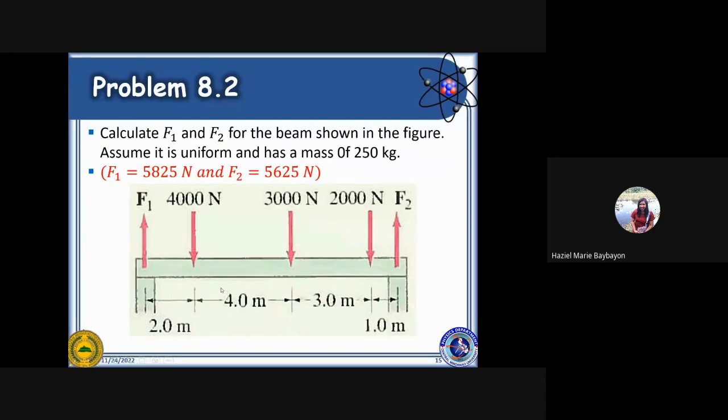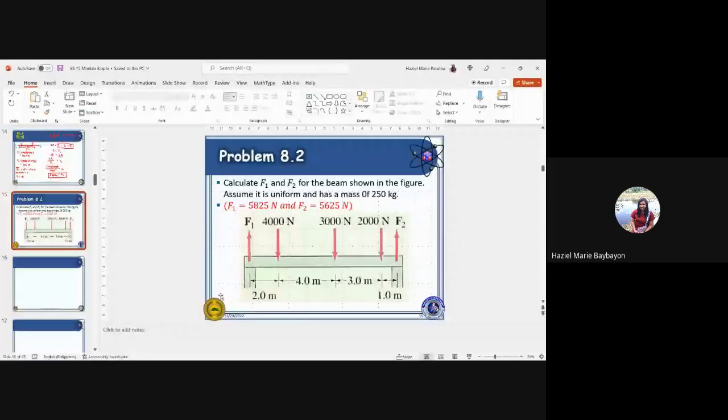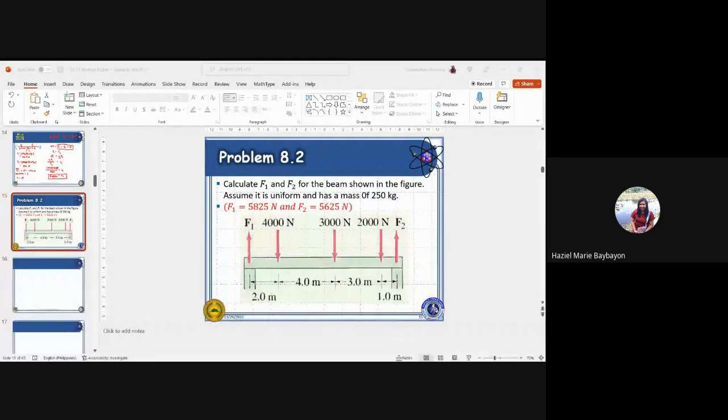Now, it is uniform. So this means that its center of gravity must be at the center. Sa iyang tunga-tunga. Okay, so let me show you the solution here, class.